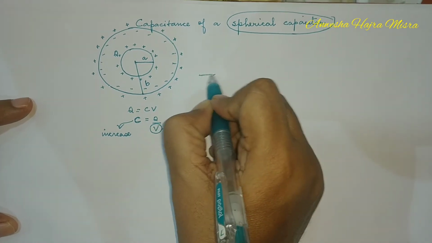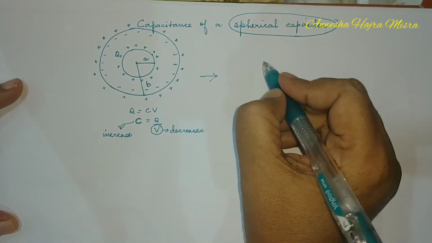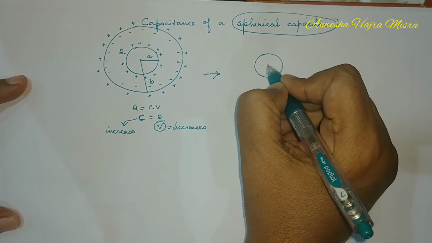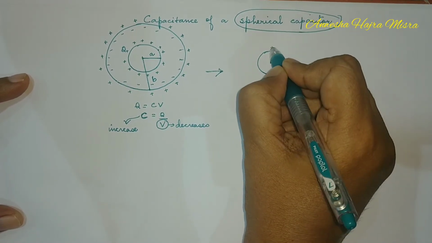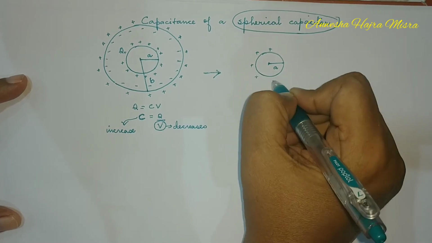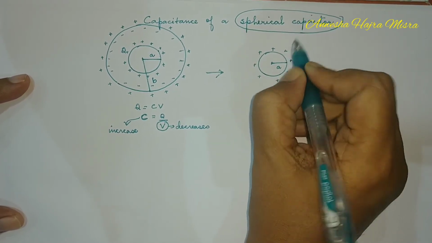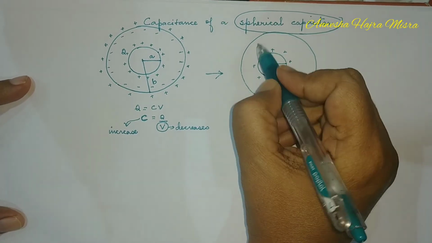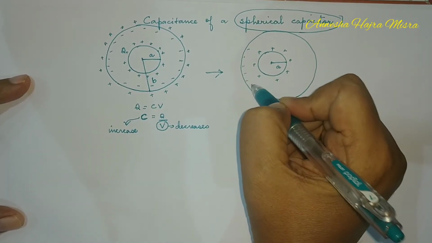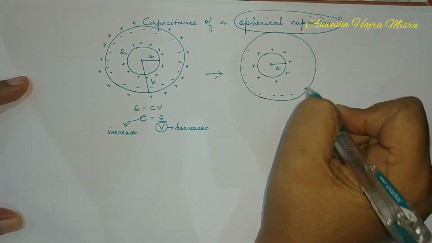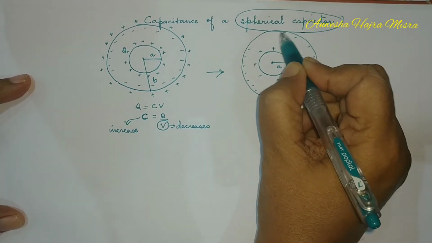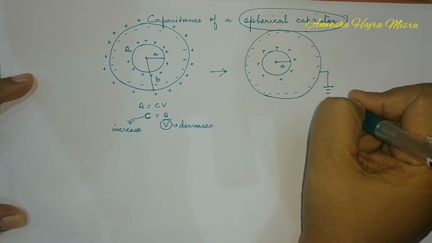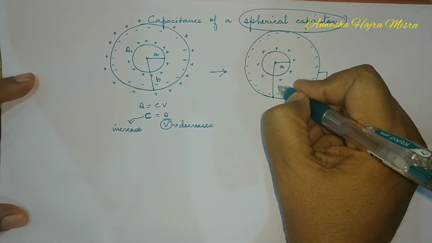Now I can increase this capacitance by earthing the outer sphere. This has radius a. This is the outer sphere. Inside is negative charge. I earth the outer sphere. Now what happens?